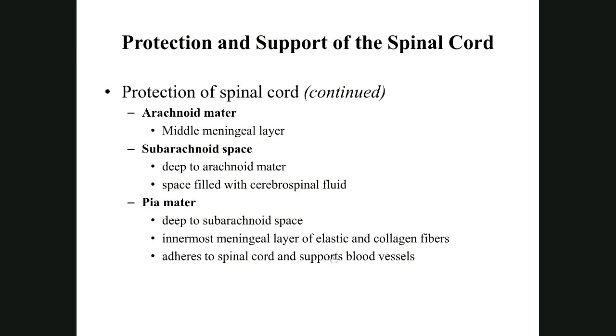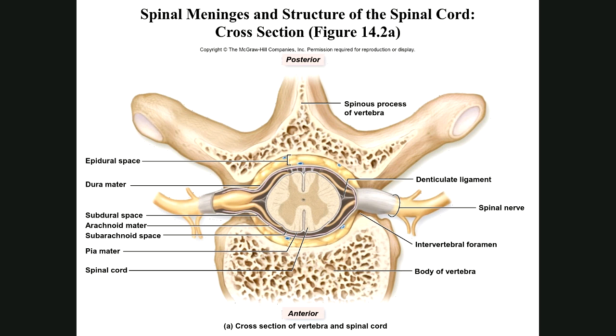It's a routing area for us to put the blood vessels in. And so the subarachnoid space in its cerebrospinal fluid, it's bathing the pia mater, and right inside of that thin layer is the spinal cord. So it's really kind of giving those neurons the nutrients and taking their waste away.